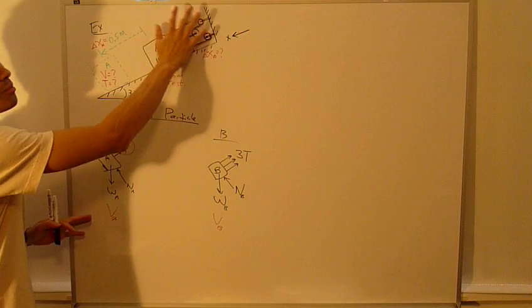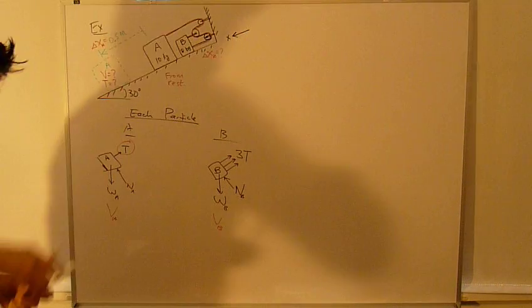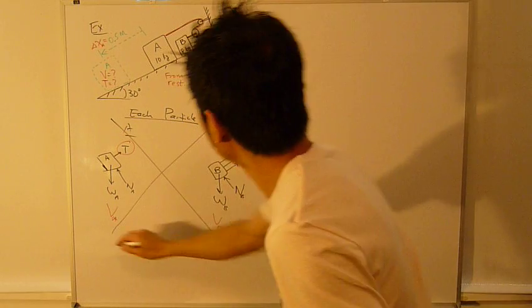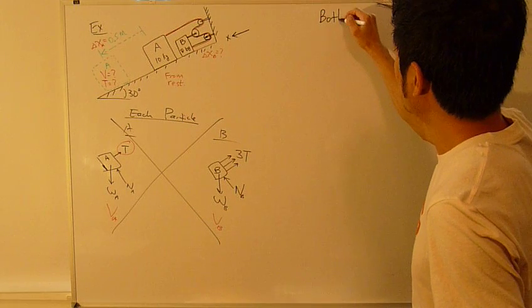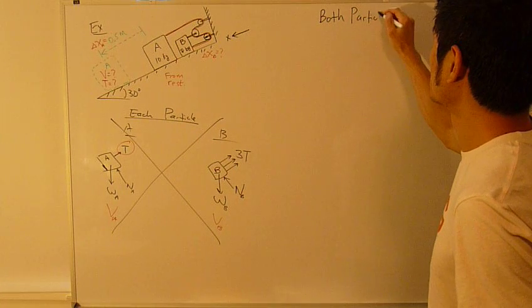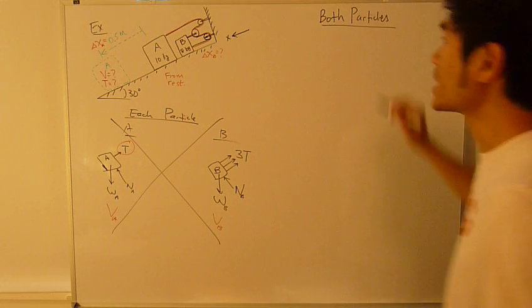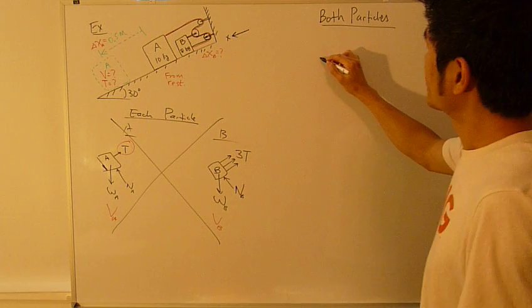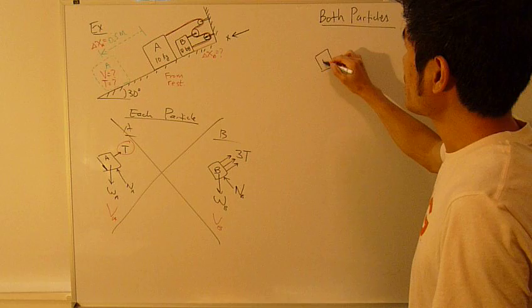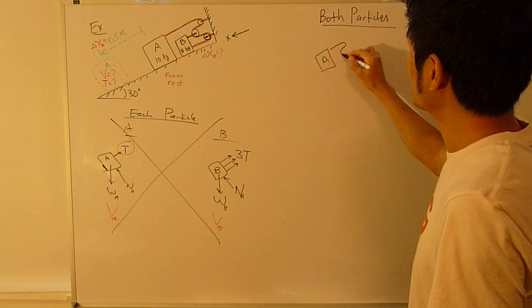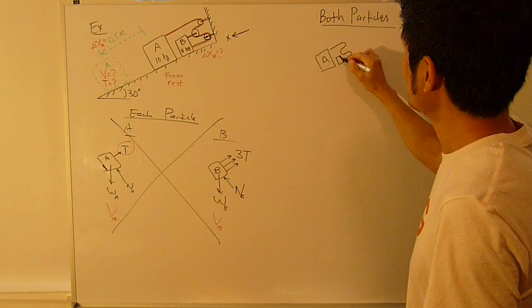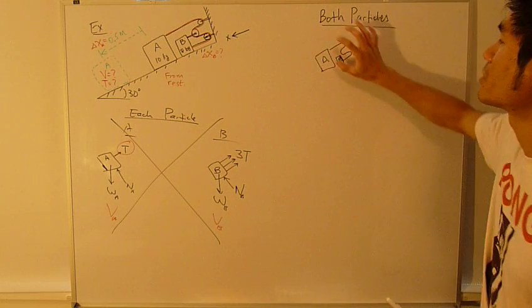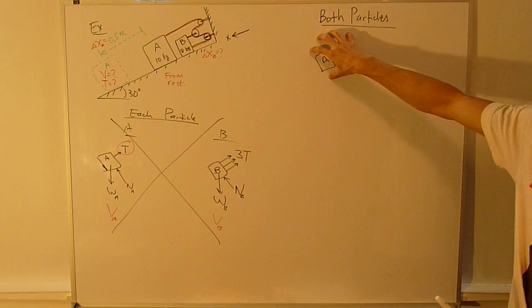Now, instead of considering each particle separately, can we maybe consider both particles together? Both A and B together. So this is my A, and this is my B. This becomes one single particle.